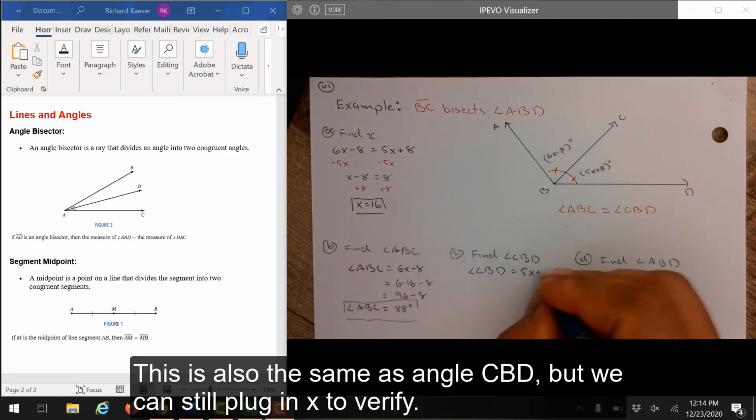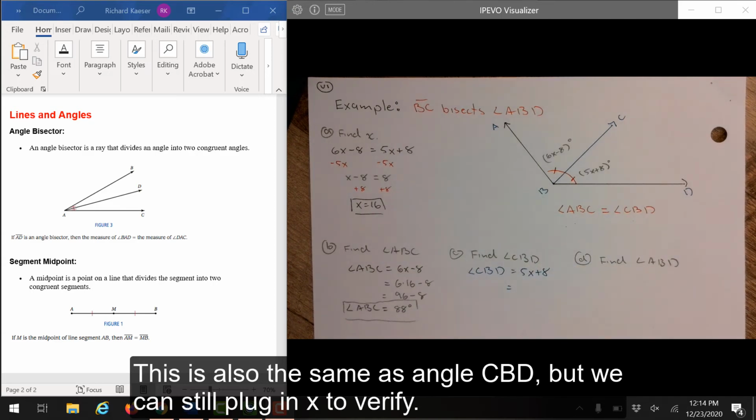This is also the same as angle CBD, but we can still plug in x to verify.